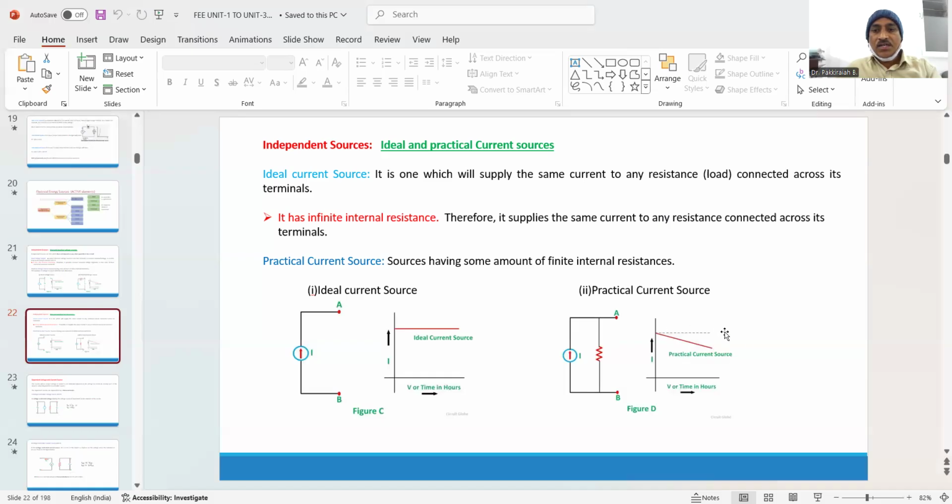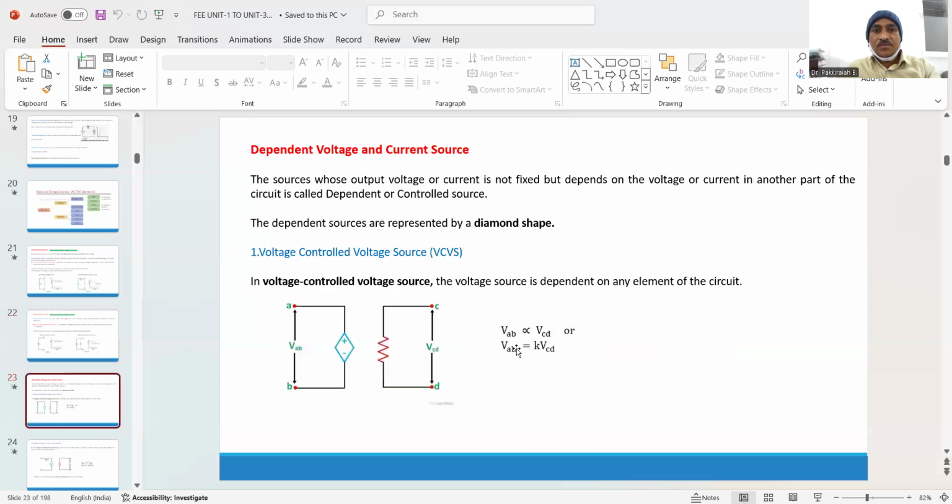Then the net current across the terminals AB is going to be decreasing due to the shunt resistance and the current flowing through it. The net current across the terminals is going to be decaying. You can see here.